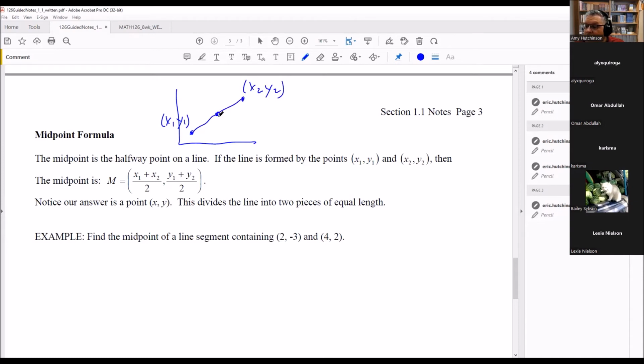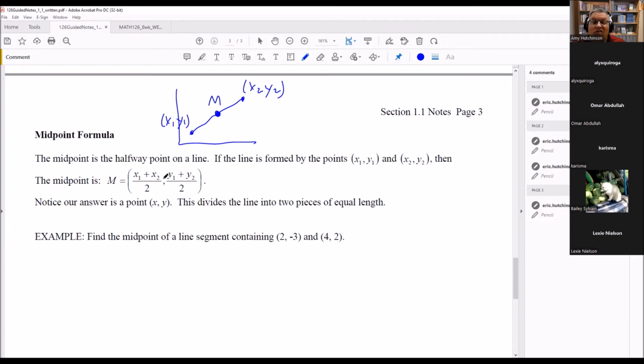But let's suppose I wanted to find the exact halfway point on that line. This is called M. This is going to be your midpoint. Now, the way that we're going to do this is we're basically going to take the average of the x values and the average of the y values. So basically add the x values together, divide by 2. That's going to get you the middle point right here. You can do the same with the y values. Take the y1 plus y2, divide by 2.